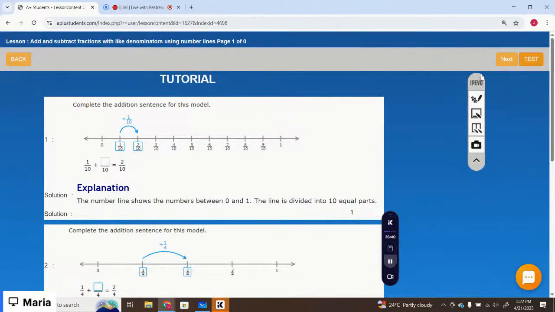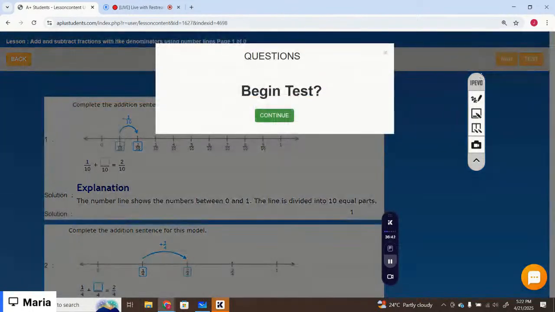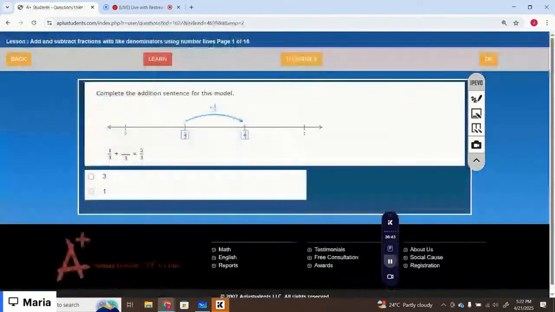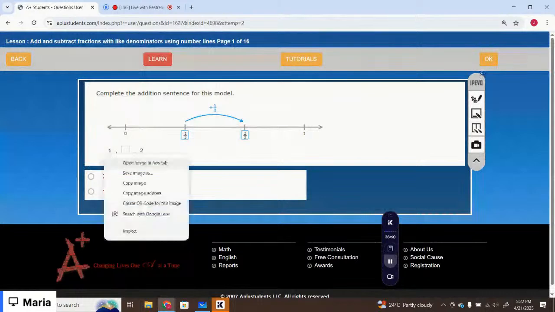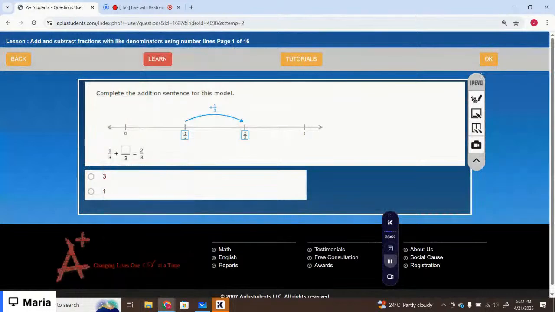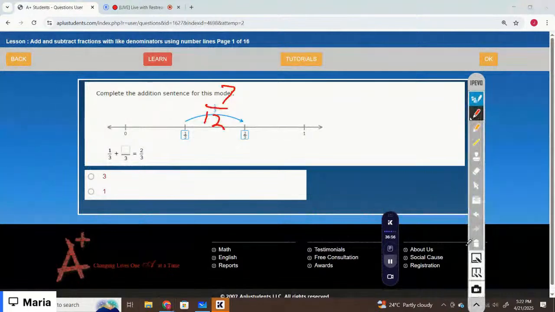Let's just start with the test questions. Complete the addition sentence for this model. 1 over 3 plus the missing number equals 2 by 3. So just look at the addition sentence on the number line. You started with 1 by 3. You added 1 over 3. You ended up at 2 over 3.